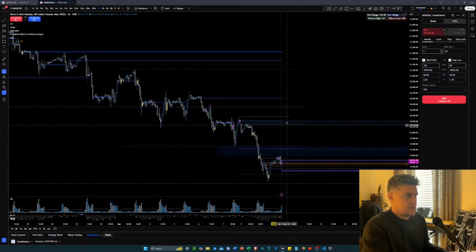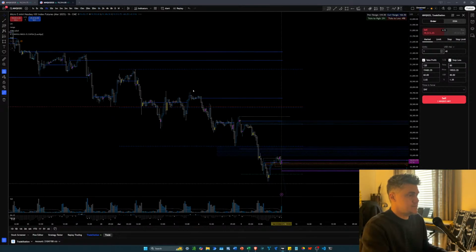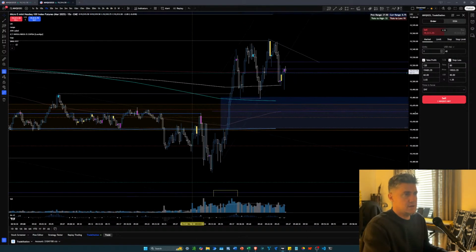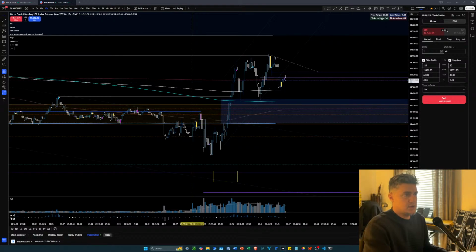CPI to hit with the weekly candle being a doji does make sense. So price could trend up today to around this level, a little bit over 2,100. So we could possibly have a bullish trend day.